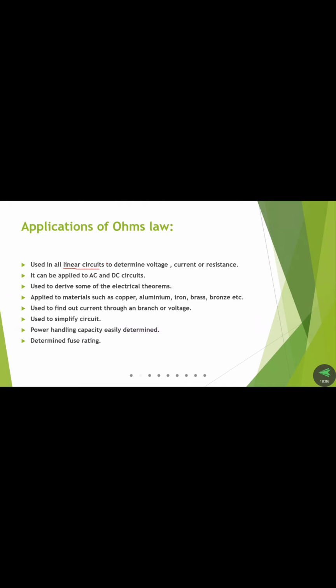We already know what linear and non-linear are. Linear means the characteristic of a device or element is a straight line passing through the origin; those are called linear elements, devices or circuits. Non-linear means we obtain non-linear characteristics, where the straight line is not passing through the origin at an angle of 45 degrees. Those are called non-linear elements.